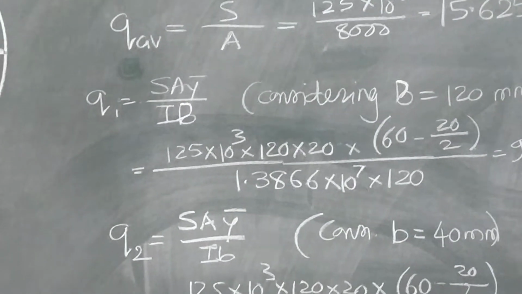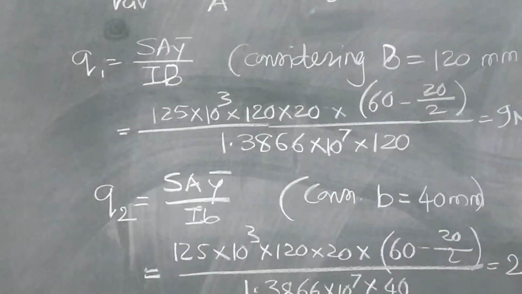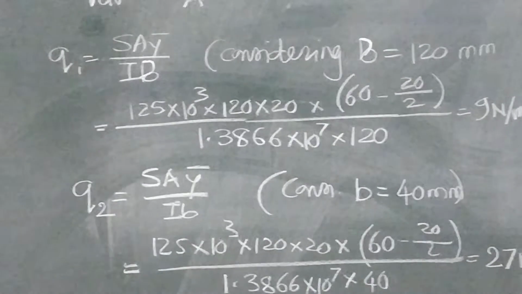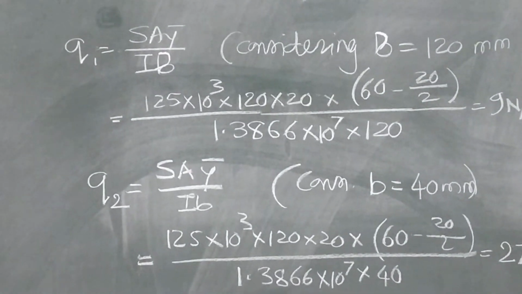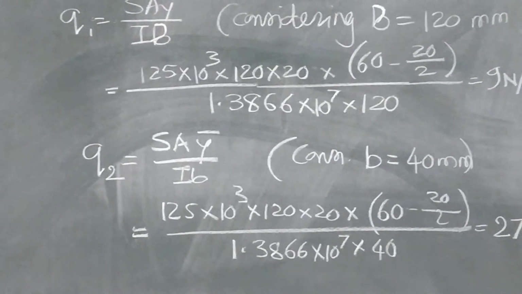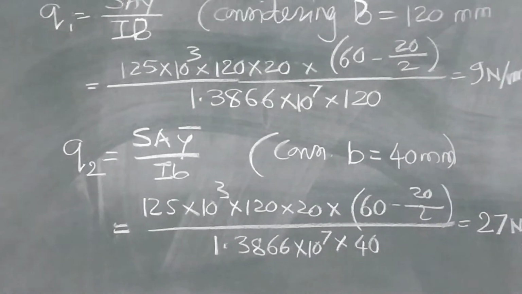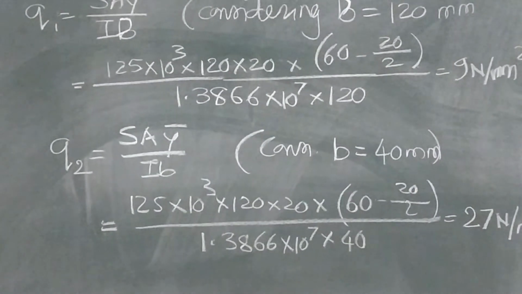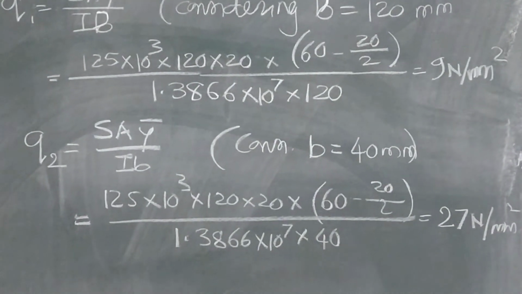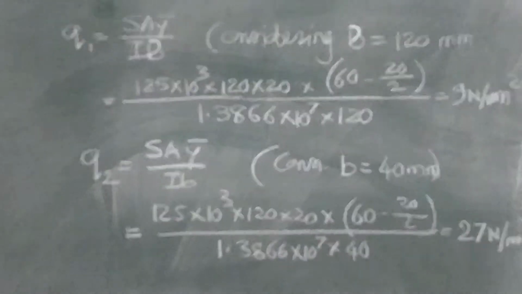S A Y bar upon I B. So 125 into 10 raised to 3 is S. 120 by 20 is A. Y bar same as previous, 60 minus 20 by 2. The only thing that changes is width. 1.3866 into 10 raised to 7 is moment of inertia, and width is the only changed parameter, 40. So that Q2 comes out to be 27 Newton per mm square. So we have found the second parameter Q2.